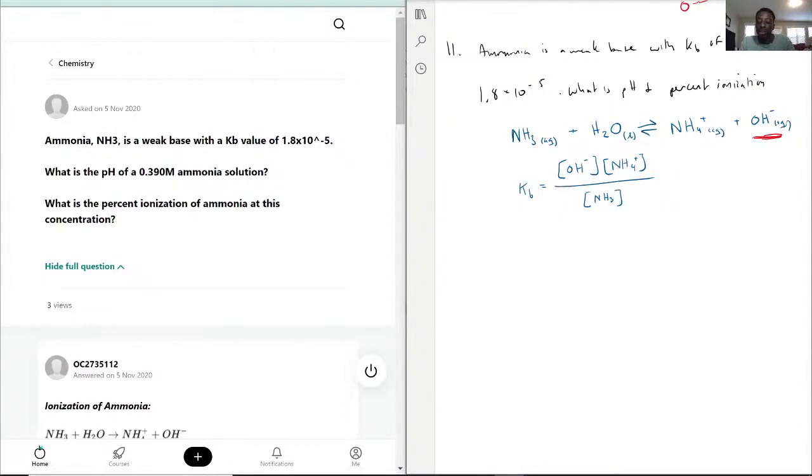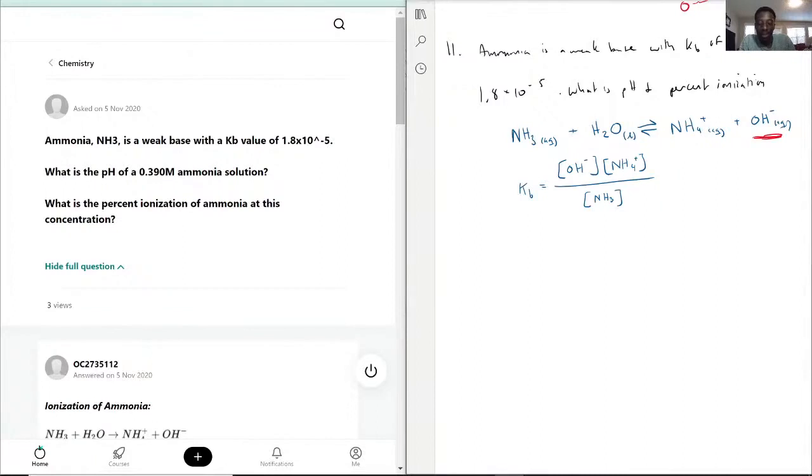And in order to solve through this, we can actually solve for the percent ionization first, because the percent ionization is used to find the Kb.